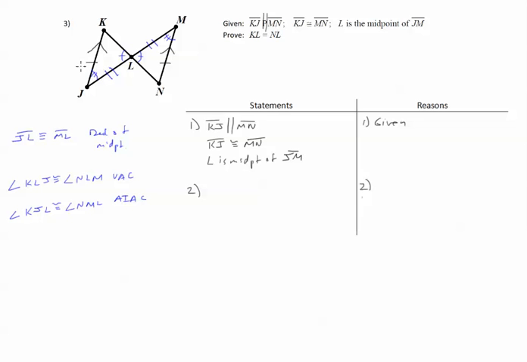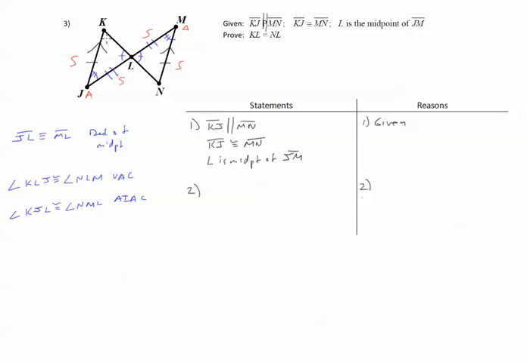Now that I have that, let's see, what do we have out here? We have a side congruent to a side. Those are corresponding. We have an angle corresponding to an angle. Those are congruent. And we have a side corresponding to a side.